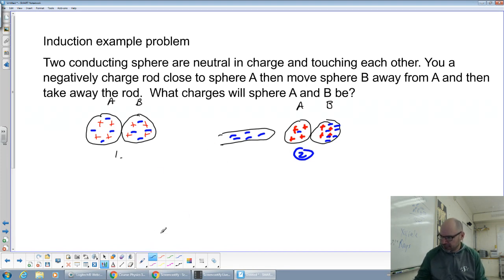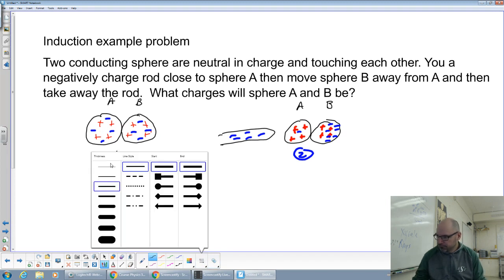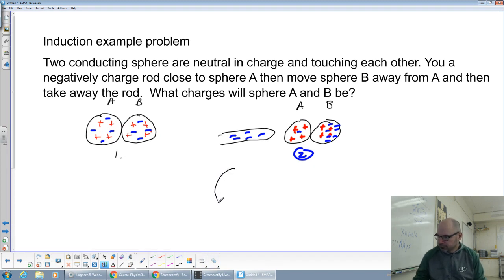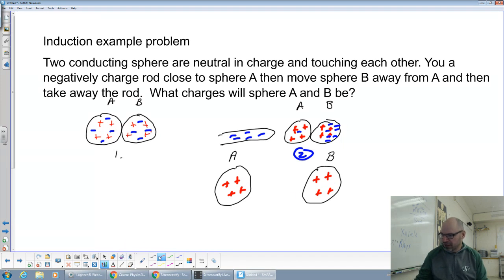So in number 3, A and B. If you take the rod away, this one is still going to have its 4 positives, and this one is still going to have its 4 positives. And now these 7 negatives are going to kind of evenly space their way around here, and this 1 still over here.